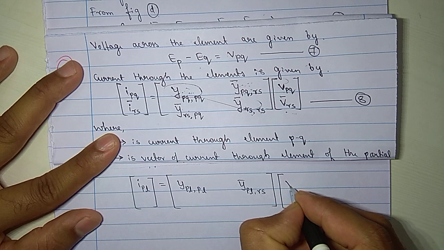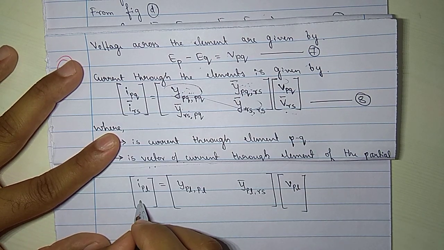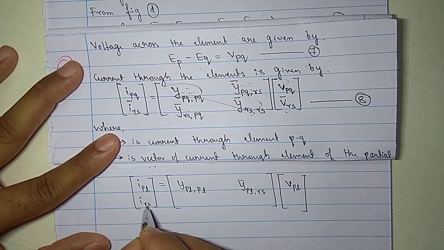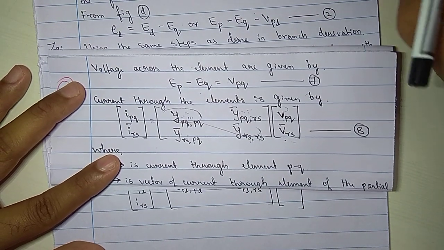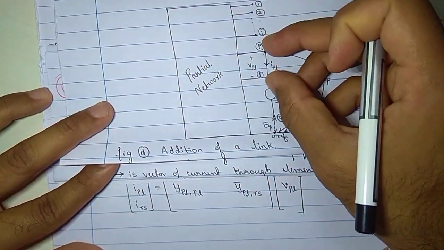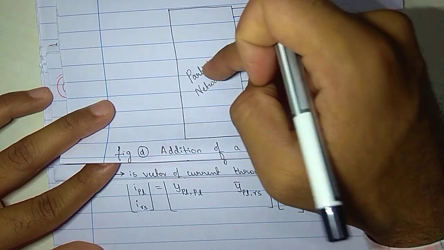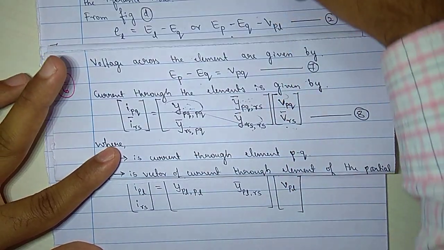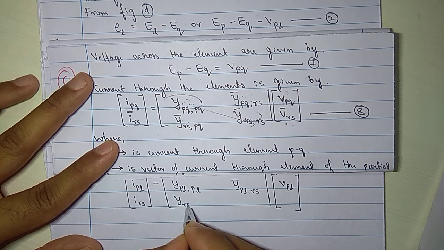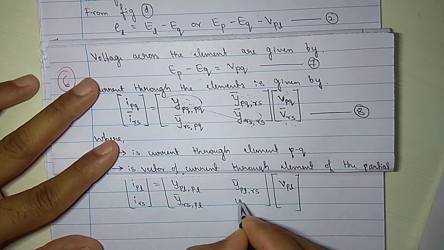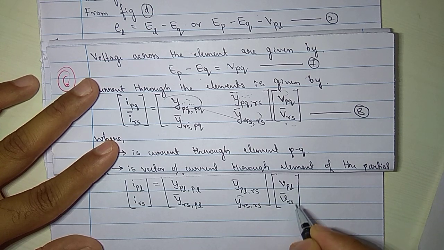Here it is VPL. Here IRS. Again I am writing RS because again in this figure D, somewhere they are assuming that IRS is also a link, which is added in this partial network. It becomes YRS comma PL, YRS comma RS, it is VRS.